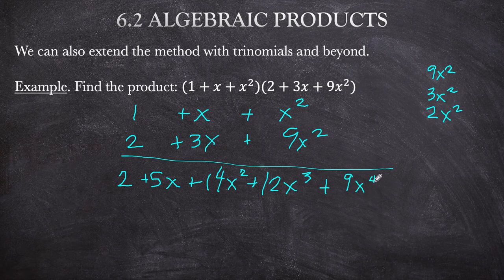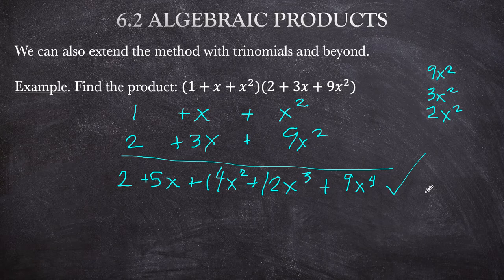If you want, you can rearrange that, but it's okay with me for this. So that's our answer. That's how it works: 2 plus 5x plus 14x squared plus 12x cubed plus 9x raised to 4. And that's our answer for this part in algebraic applications.